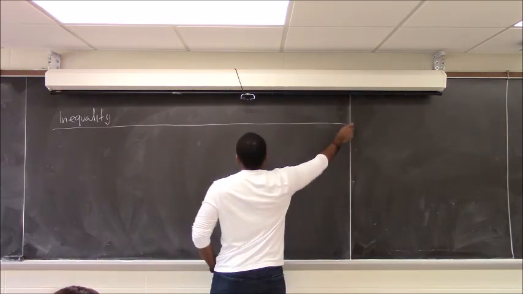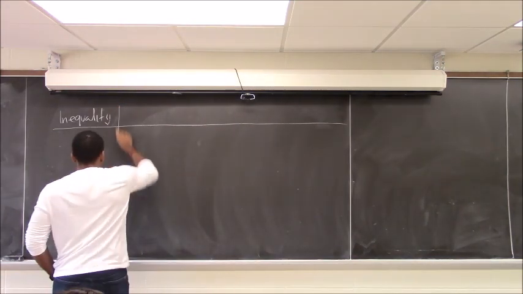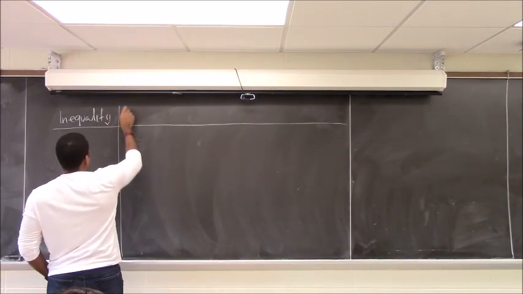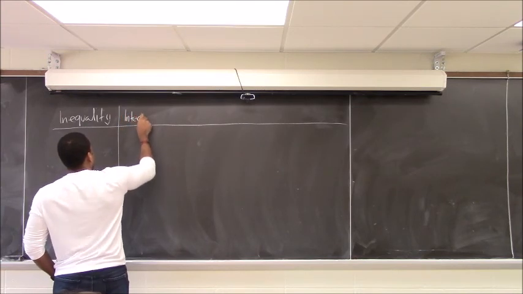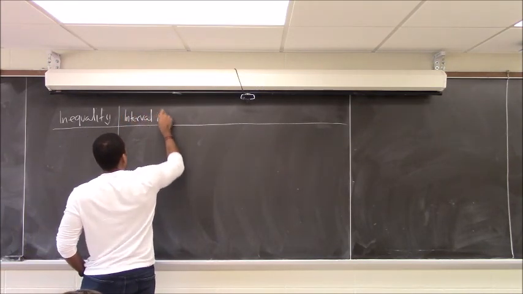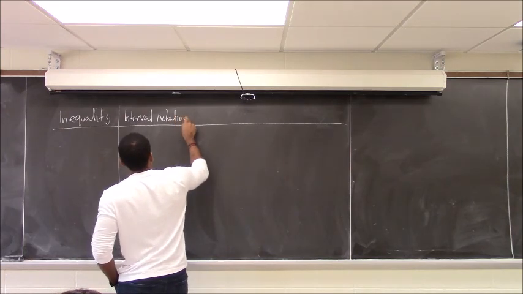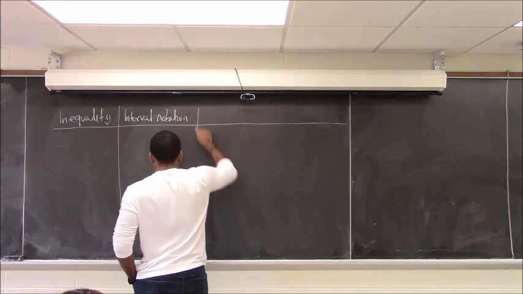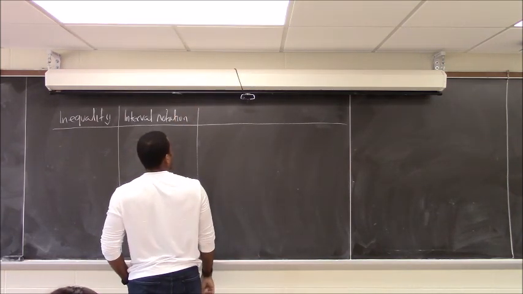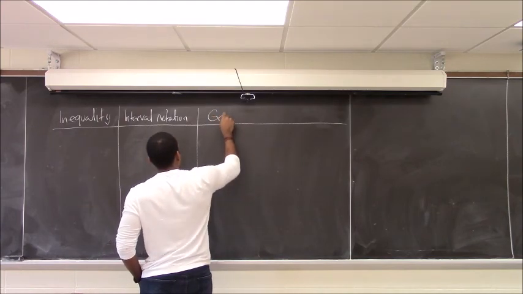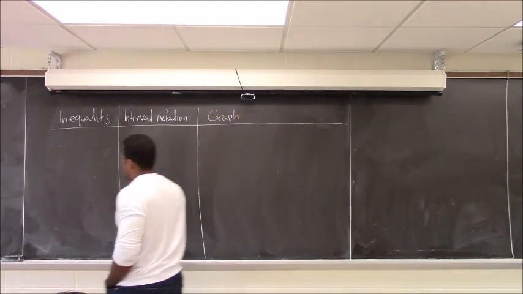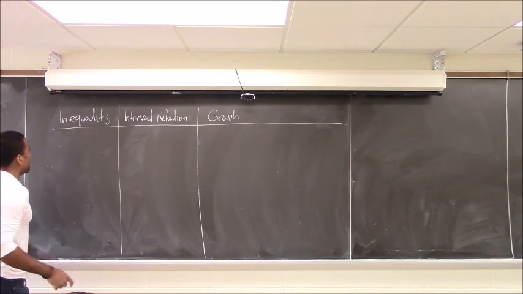And they have a corresponding interpretation, or a way to write them down, which we call interval notation. And you should also know how to graph them. So, what were the ones we looked at last time?